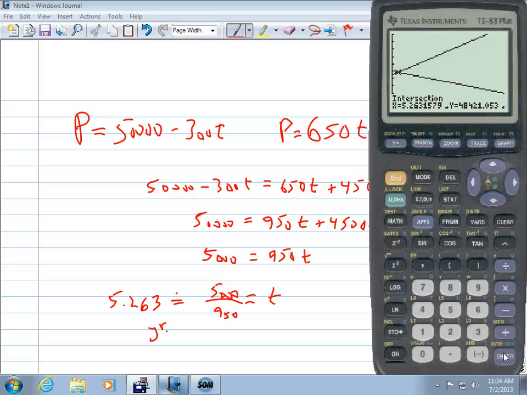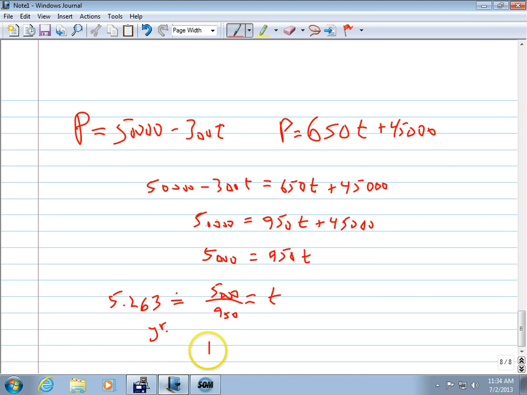So I would round that off to the nearest person, 48,421, all right? So how would I state this answer? I would say that T is approximately 5.263 and that P is approximately 48,421. And there's units, it's people, okay?